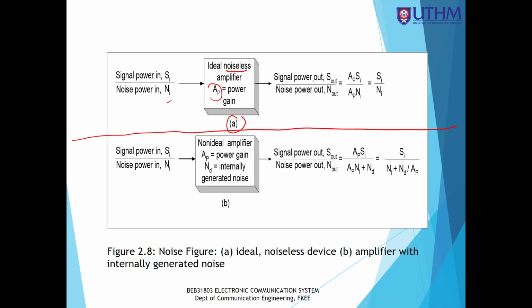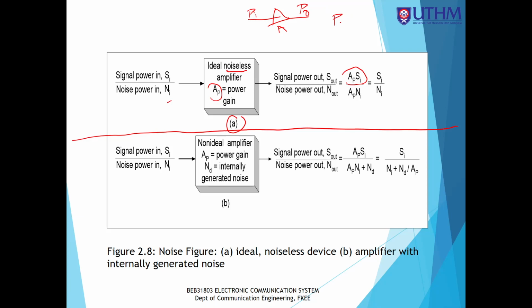Therefore the output signal power is equal to AP multiplied with the input signal power, APSI. Remember about gain. For example, we have a PI here, we have the gain A here, and we have a PO here.